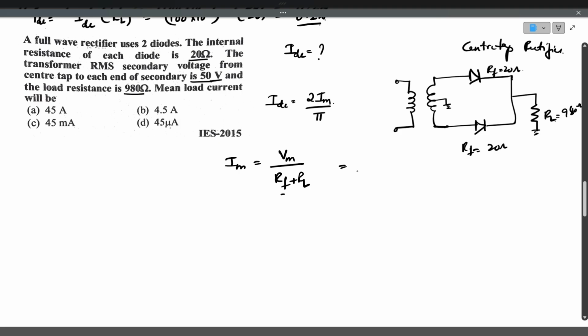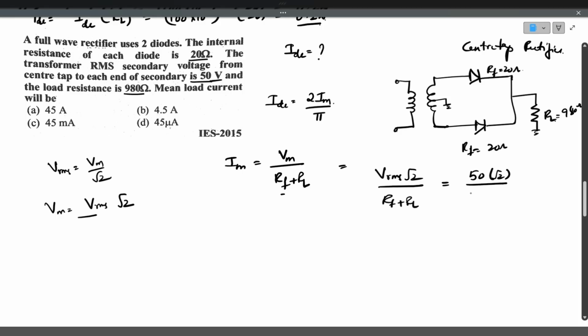That is the RMS voltage. So, VRMS is equal to V maximum divided by root 2. Then V maximum will be VRMS root 2. So, substituting this here, VRMS root 2 divided by Rf plus RL. VRMS is 50 volts, root 2 divided by 20 plus 980.